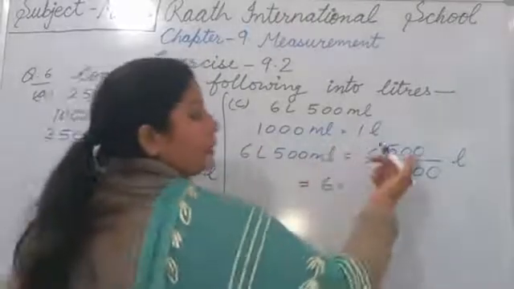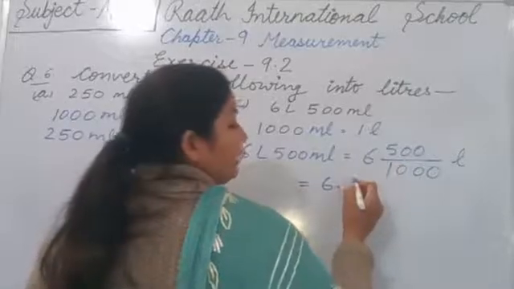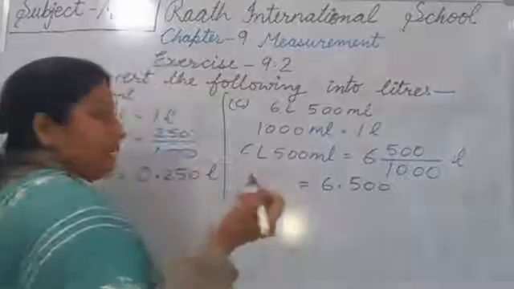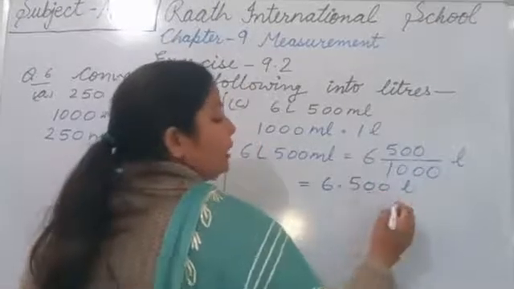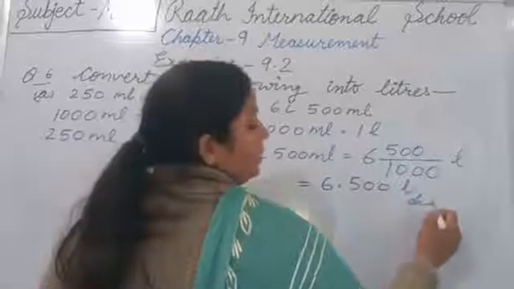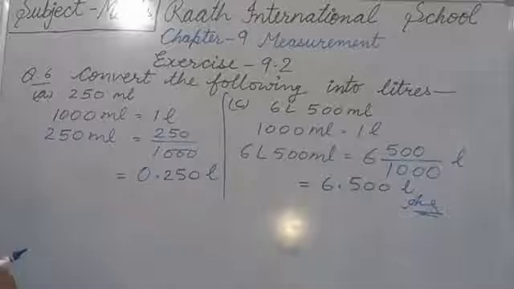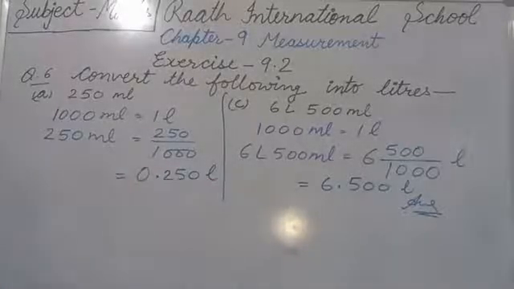Now here are already 1, 2, 3 places, so we can take point and now 5, 0, 0 as it is. So that's your answer, 6.500 liter. Now the D part you will do yourself because D is also like the C. Clear? Now next, question number 7.